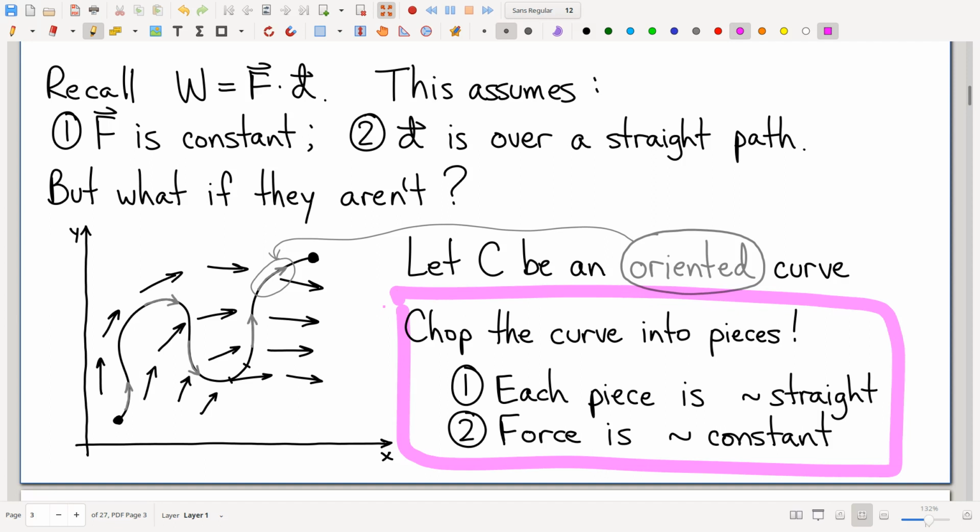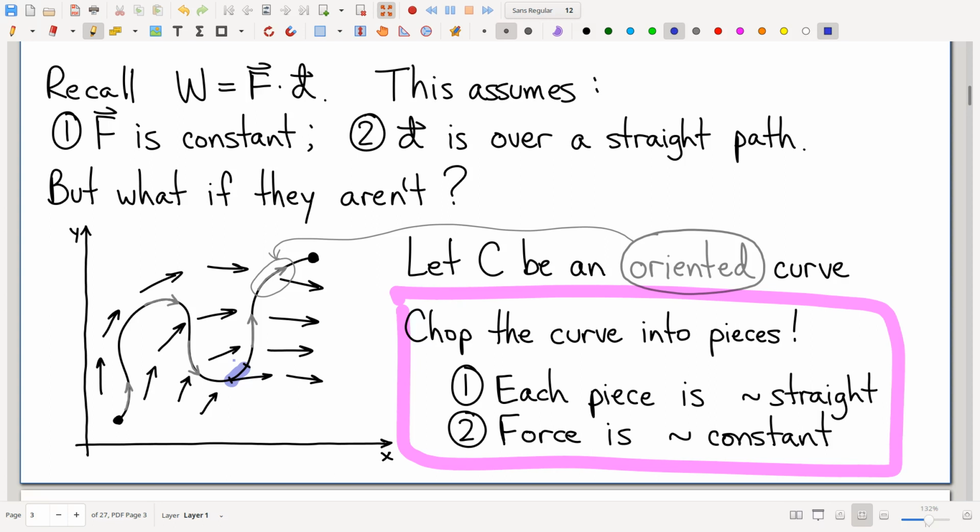We take our curve and chop it up into little pieces. And on each little piece, so for example, this little teeny tiny little bit of curve right there, well, that's approximately straight. Not exactly, but in the round off error, it's going to go away. And it's such a small, presumably, little piece of curve.